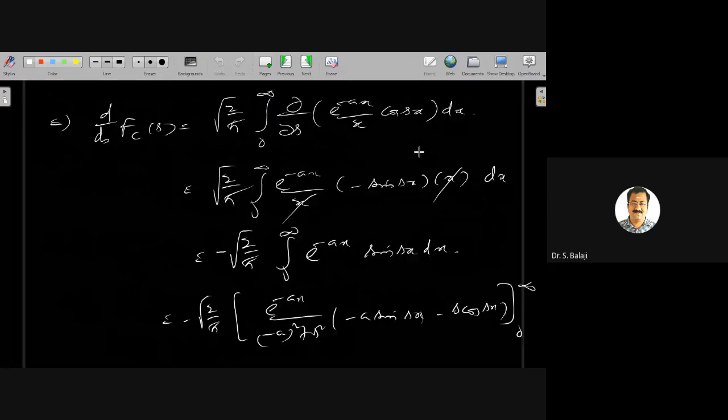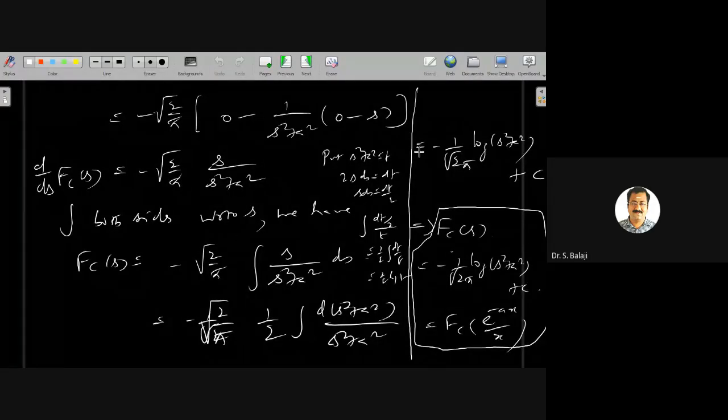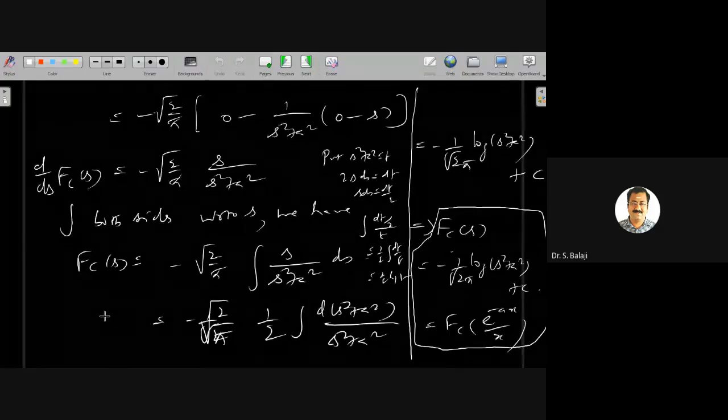All of you try and give your answer for the Fourier sine transform, in the same way.